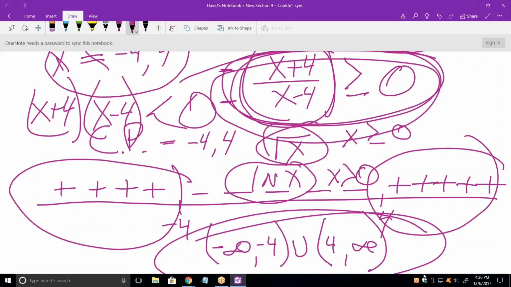You figure out the critical points, you put them on your line chart, you test left and right, and the moment I test to the left of -4 and get a positive value, I know that everywhere from -infinity to -4 gives you a positive value. So that's the beauty of a line chart. It's not like I have to figure out every point on the line chart. I just have to test to the left of my critical points, to the right, to the left, to the right.